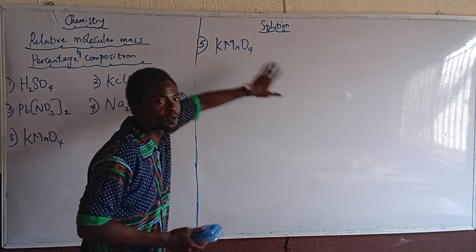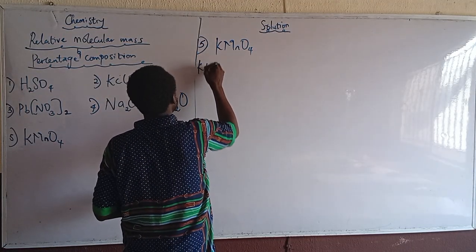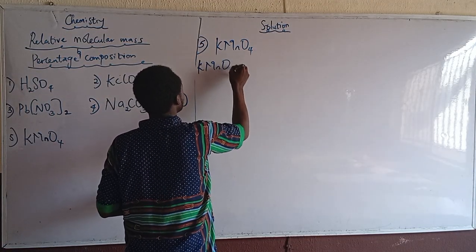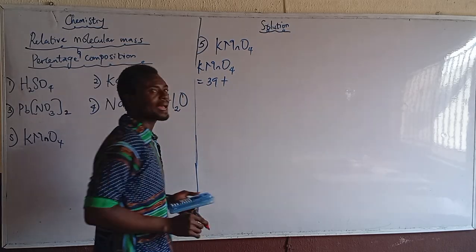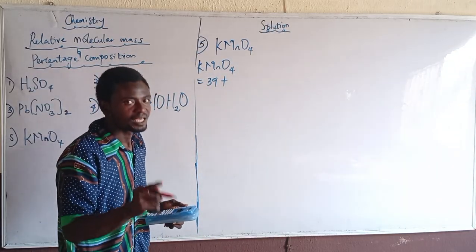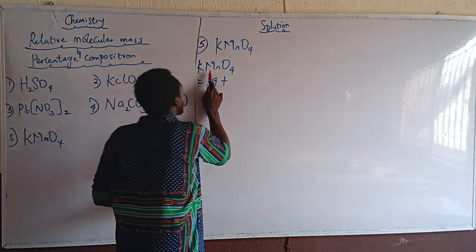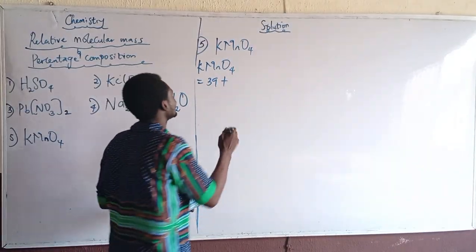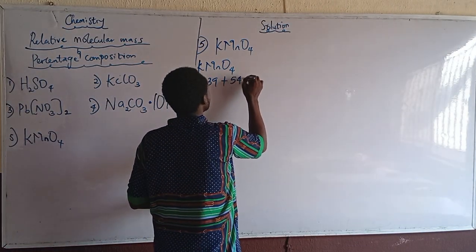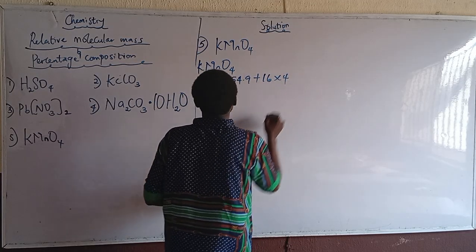So this is KMnO4. For potassium, it is 39. Mn is manganese, while Mg is magnesium. So here I'm working with Mn, which is manganese, and that is 54.9, plus oxygen 16 multiplied by 4.